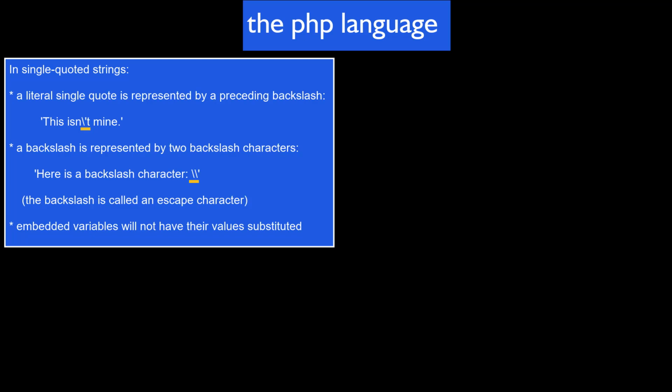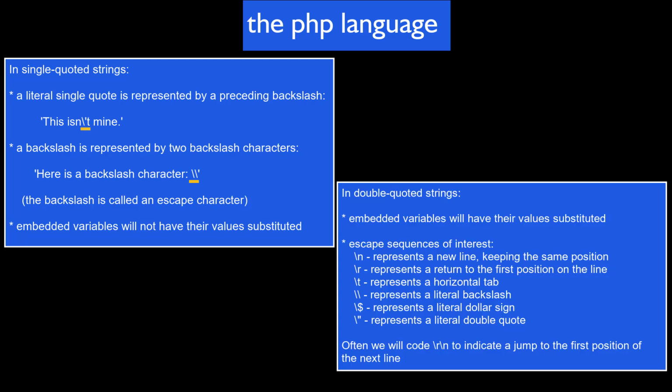Embedded variables will not have their values substituted in single quoted strings. In double quoted strings, embedded variables will have their values substituted, and there are a number of escape sequences of interest. \n represents a new line, keeping the same position on the line. \r represents a return to the first position on a line. \t represents a horizontal tab.